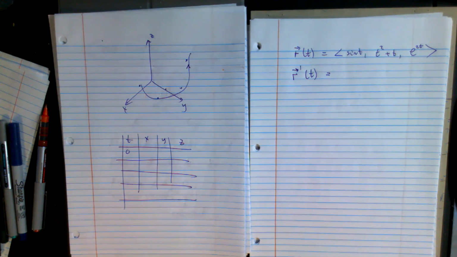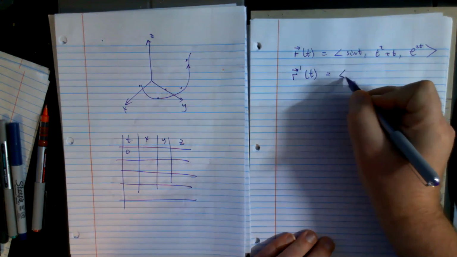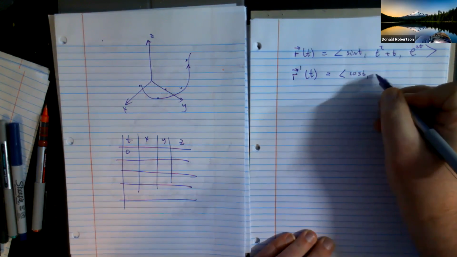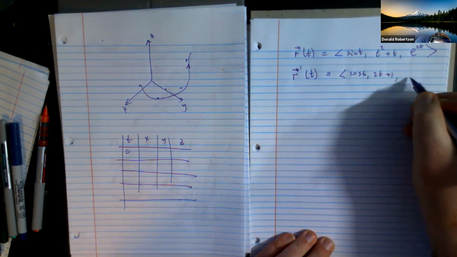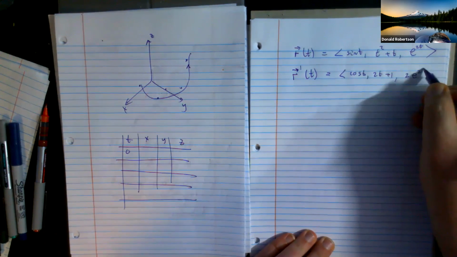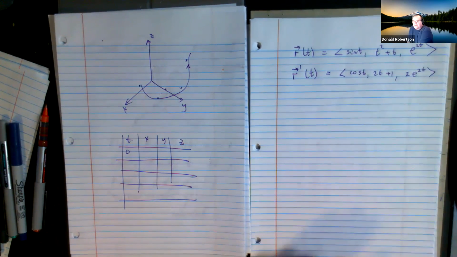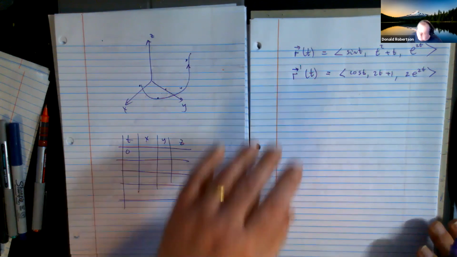Find the derivative of each of those. Wouldn't it be very nice if all you did was differentiate each one separately? And the good answer is that's exactly what you do. Kind of interesting.